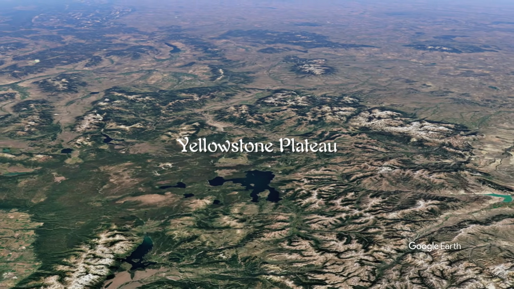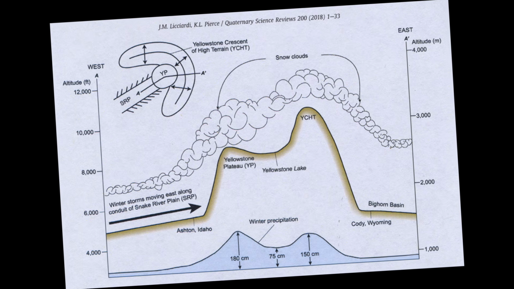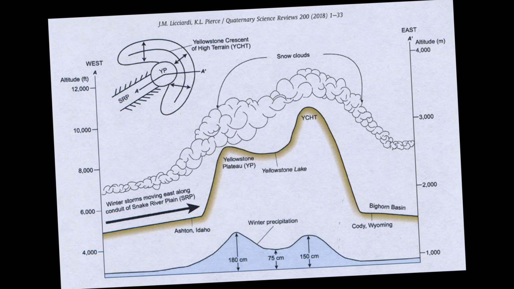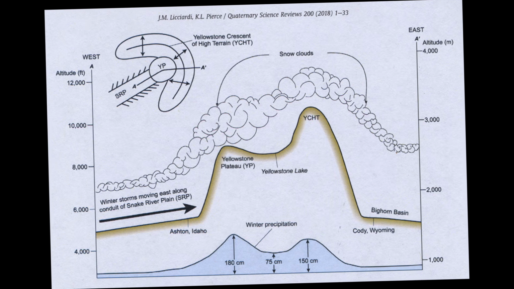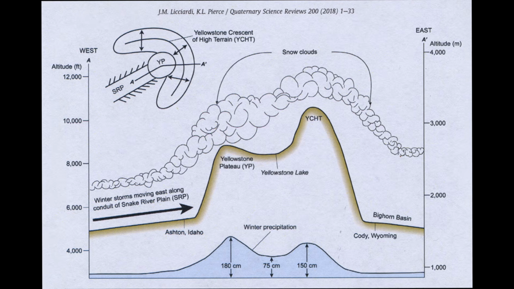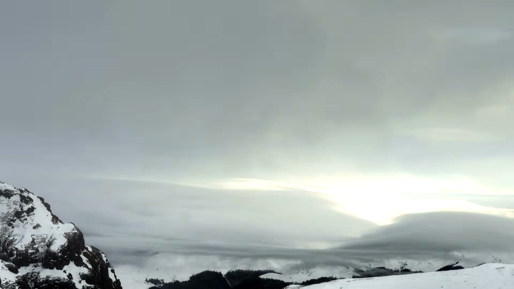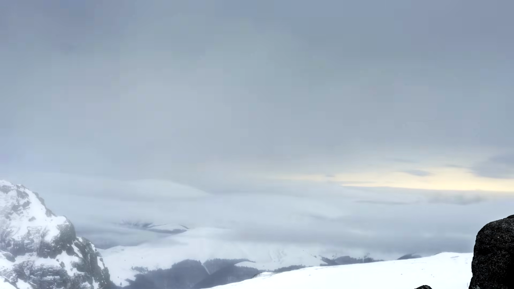To complete the trifecta, the low elevation and orientation of the Snake River Plain allows Pacific, moisture-laden weather to funnel right to the Yellowstone Plateau, where it precipitates moisture on the high terrain. For these reasons, the Yellowstone ice cap grew to over 1,000 meters higher than Mount Washburn and changed the direction of ice flow to the north.